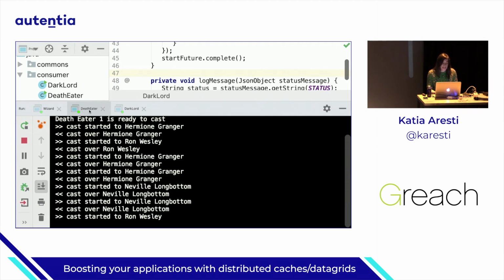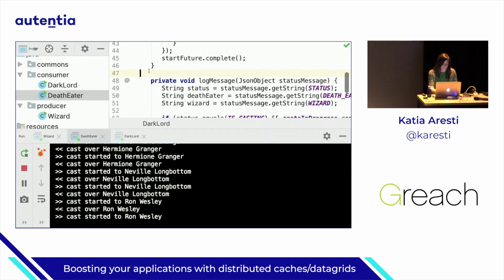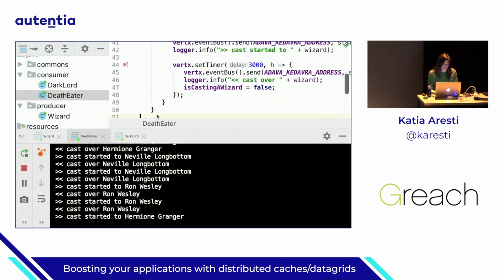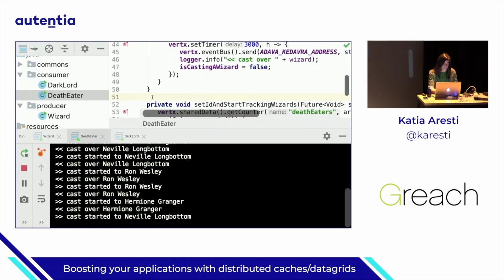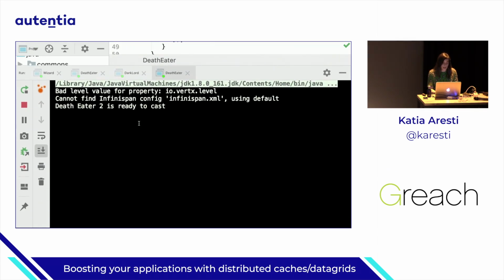So what happens if I start a second editor? I'm starting a second editor here. The consuming of messages from the event bus is going to be balanced between both editors.